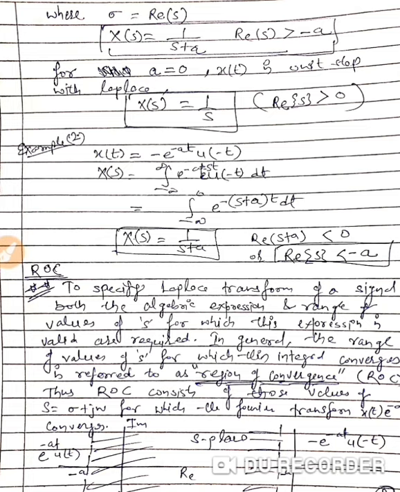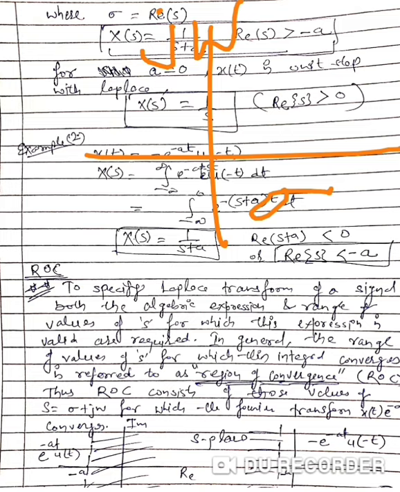Region of convergence is that part of the s plane that consists of real axis and imaginary axis, that part of the s plane for which our Laplace transform, that is X(s), will exist.